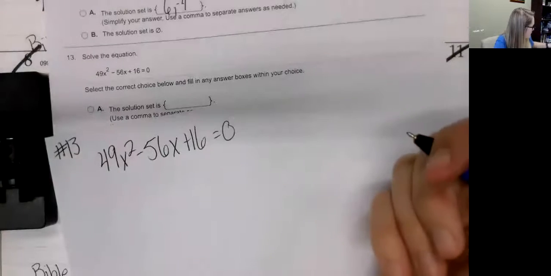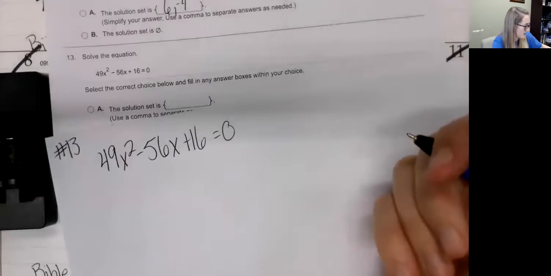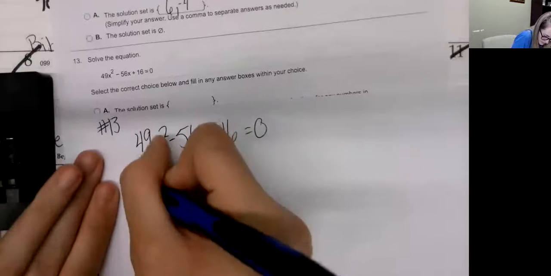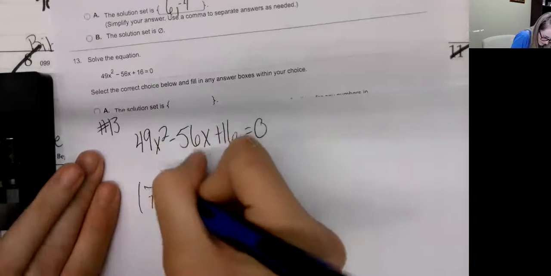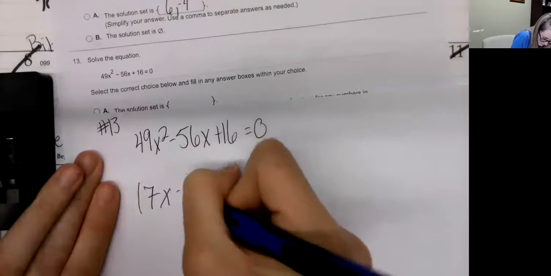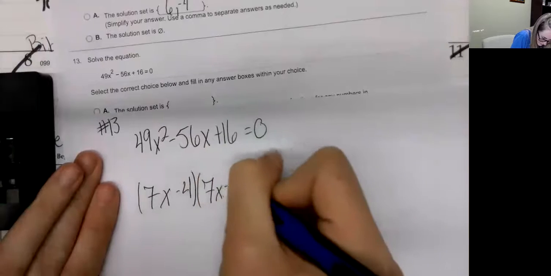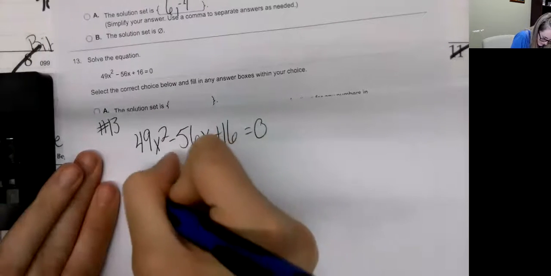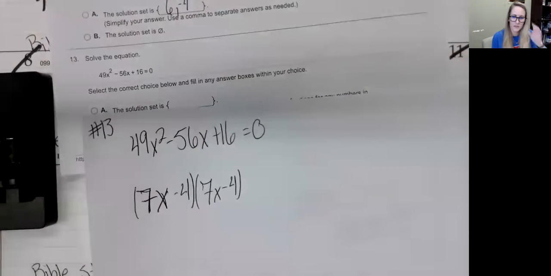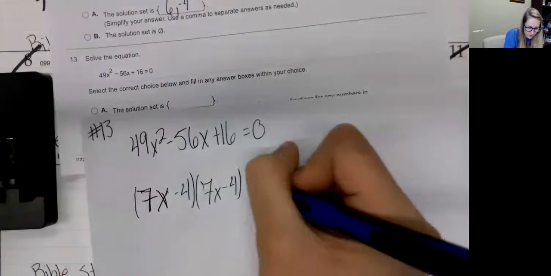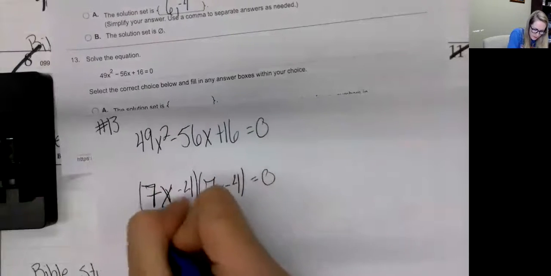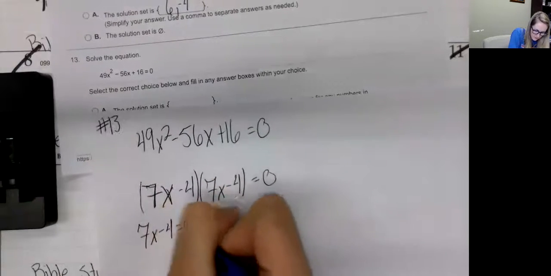So using that special product rule from 5.7, I know this one is only going to have one answer, because when I factor it out, it's 7x subtract 4 on both of them. So I don't have to solve both of these, I just have to solve it once.